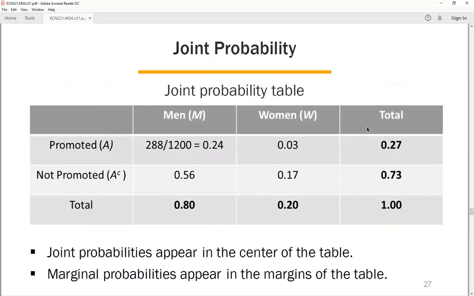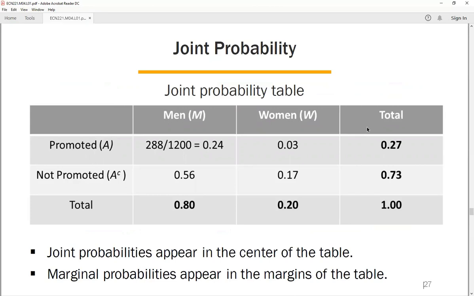Now here, what I'm showing is a joint probability table. So this is very similar to the table that we saw before, except that instead of the values in the table being expressed as frequencies, they're expressed as their relative frequencies or probabilities.